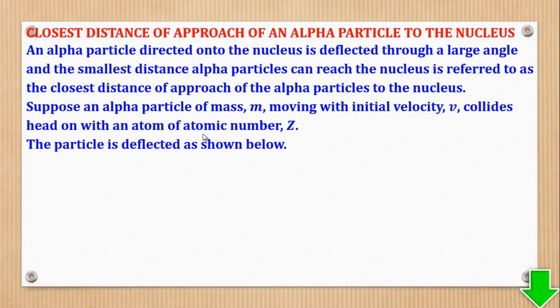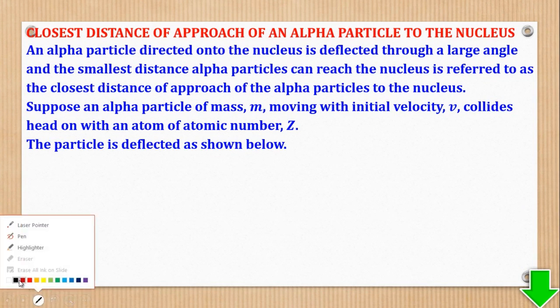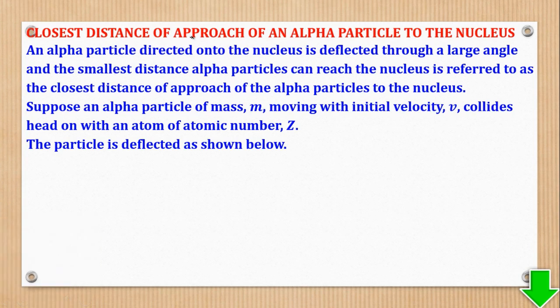So that has been electric field intensity between two parallel conducting plates. But remember, we said we are going to cover two parts, so we shall also cover the closest distance of approach of an alpha particle to the nucleus.